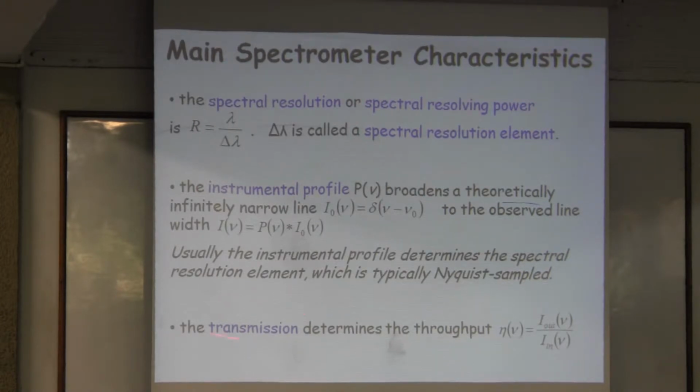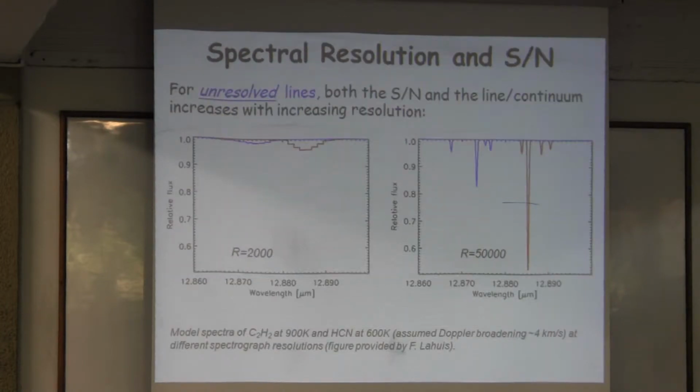So it's really an attempt to make this number as high as possible, because remember, if you lose 9/10 of your light, you have to square it in terms of observing time. This is the signal. If you lose the signal, then your signal to noise drops, and you have to compensate by integrating longer. And this is certainly not what you want to do.